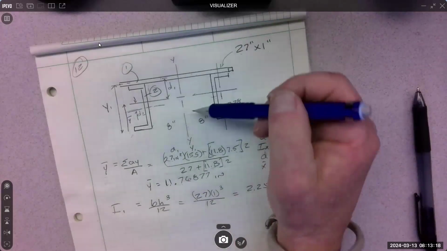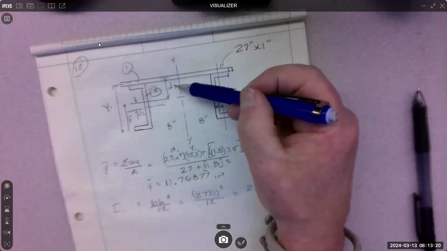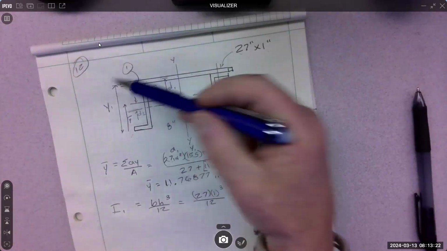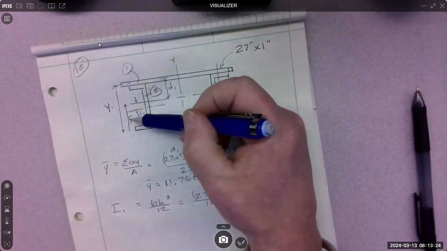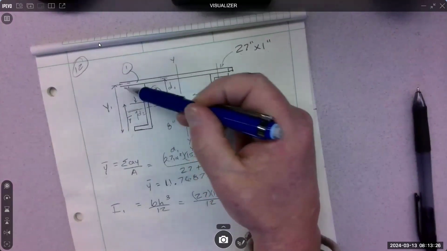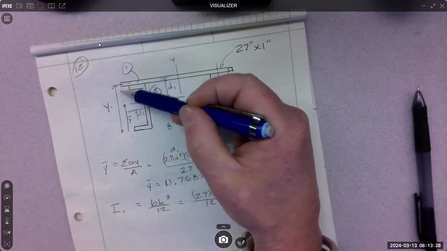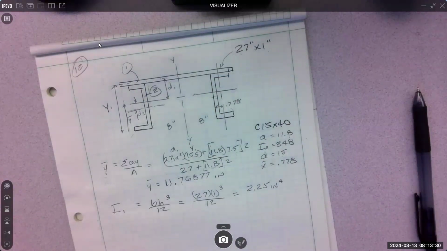So D1 is going to be what? Y1 minus y bar, the distance between them.